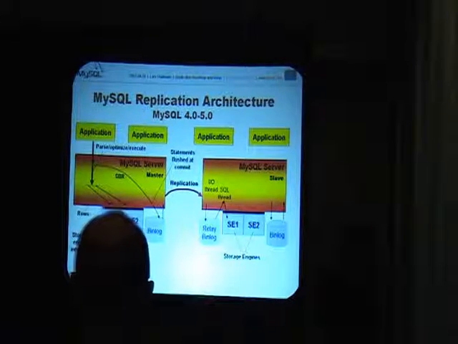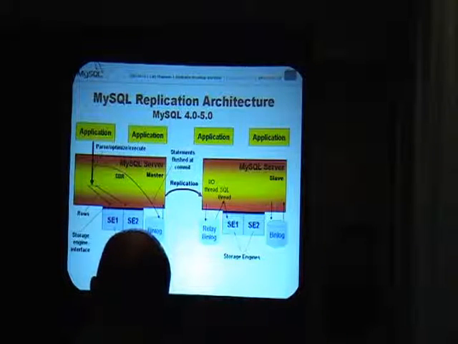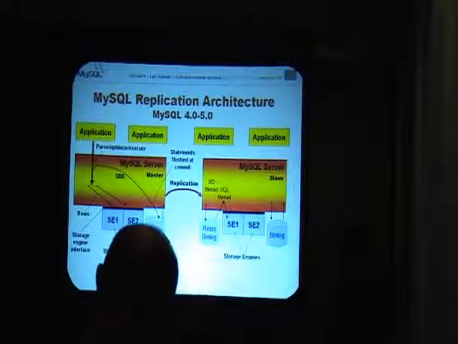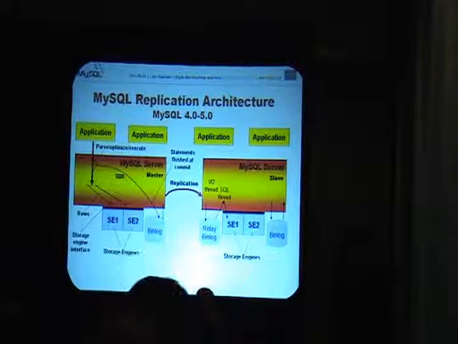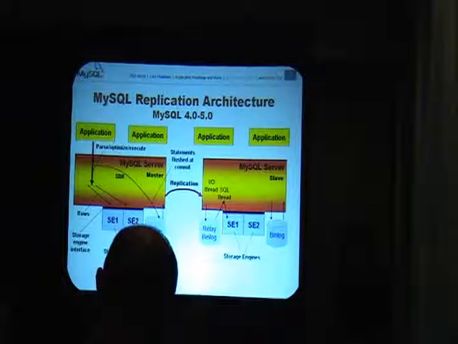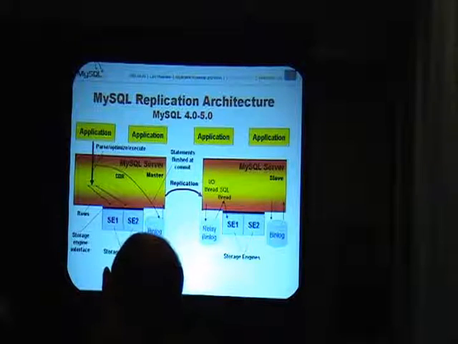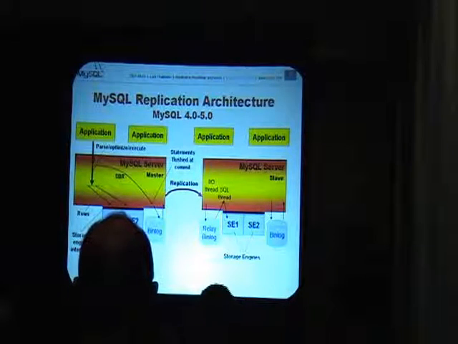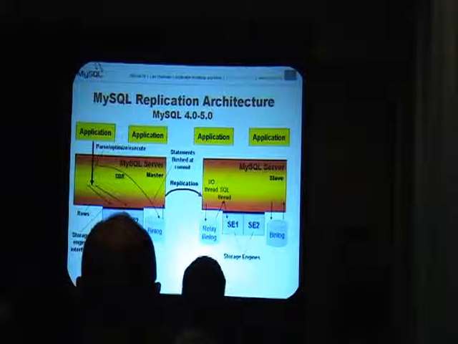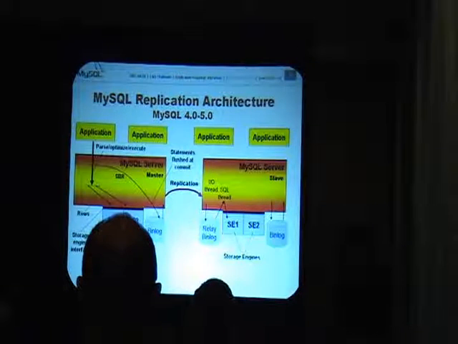The dump thread is reading it, sending it over to the slave, and the IO thread is receiving it. It puts it into this relay bin log, which is kind of a buffer. And then the SQL thread reads it and applies it. And then there are two caches for these log files, so that if you are within the cache, you can read it from there.